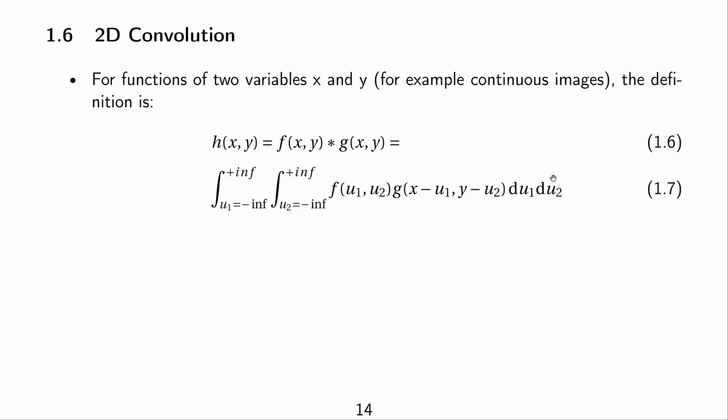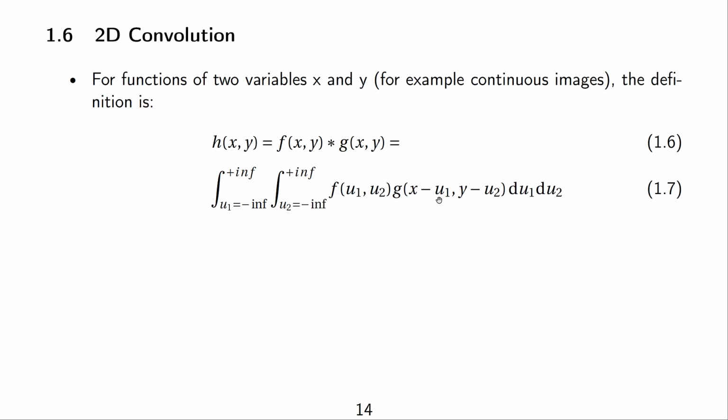Now let's switch back to continuous and look at convolutions for functions of two variables, and the extension is fairly straightforward. You still have the same idea that you'll take the first function, you just copy it over, and then you take the second function and you translate it based on two variables now, u1 and u2.